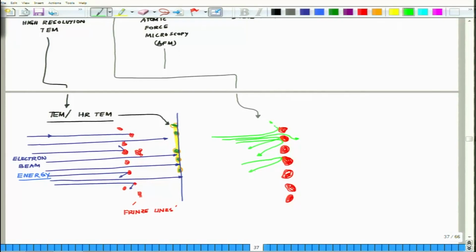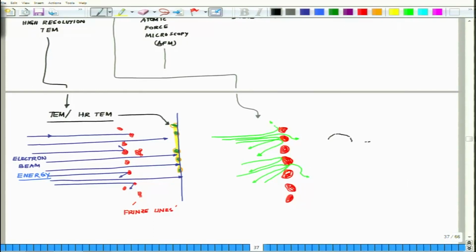Say, for example, I have to get a three-dimensional topography of the substrate. So, something like this. So eventually what you are going to get is a very neat three-dimensional profile.